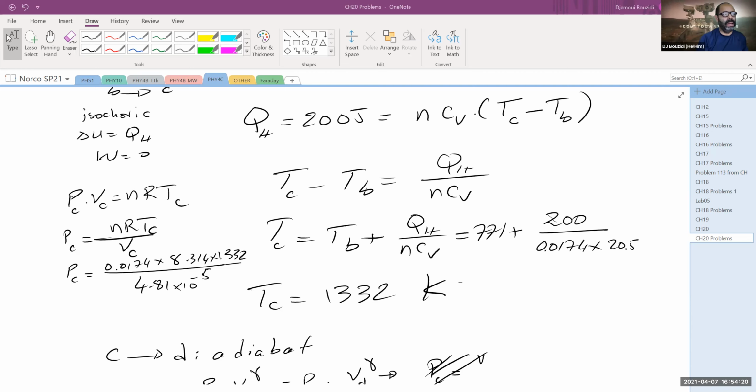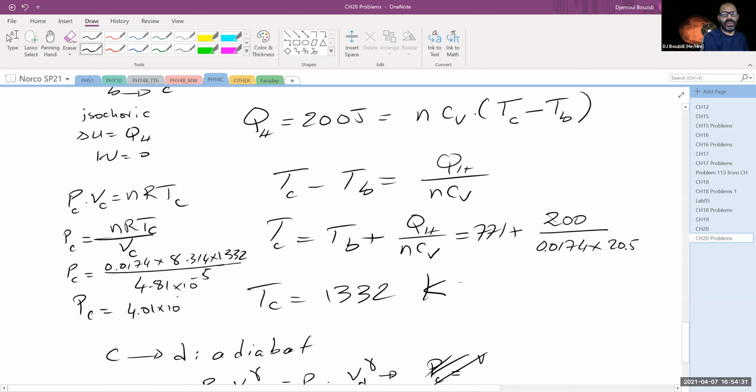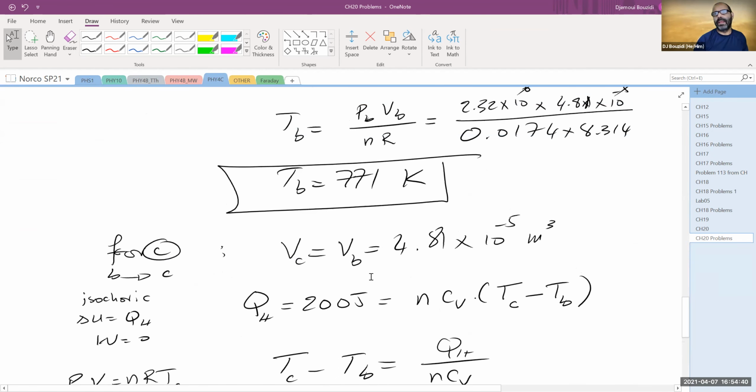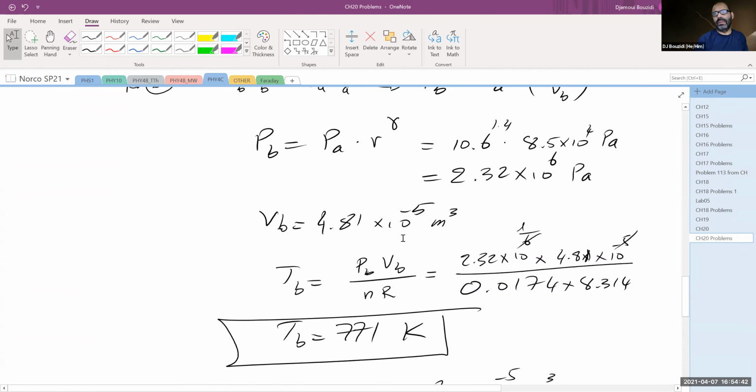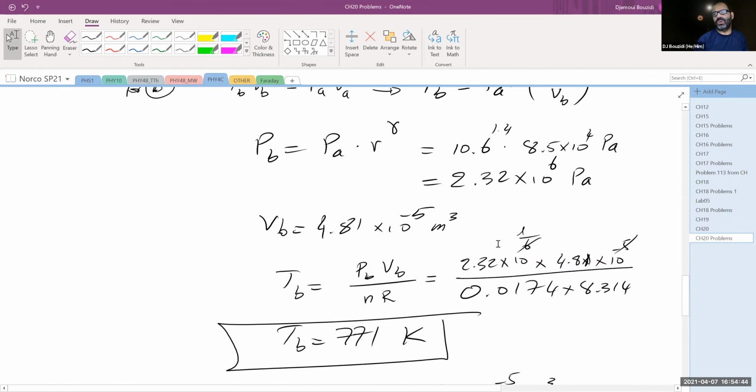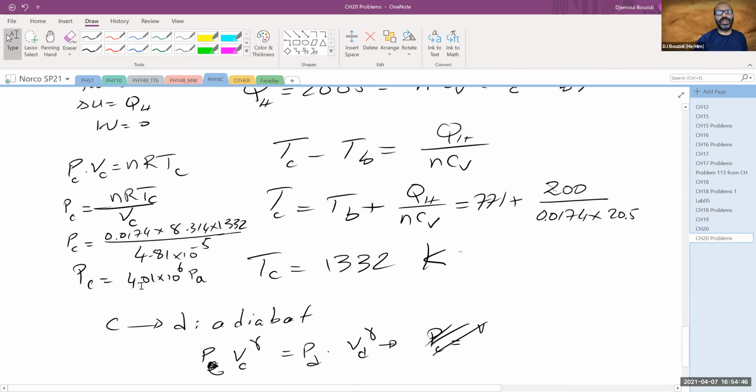So I'm going to write it in scientific notation as PC equals 4.06, not 0.00, 0.01, I should say, times 10 to the power 6 Pascal. If you keep tab of pressures, this should be the highest pressure. Did we find PB? PB was 2.3, and this is twice as much.